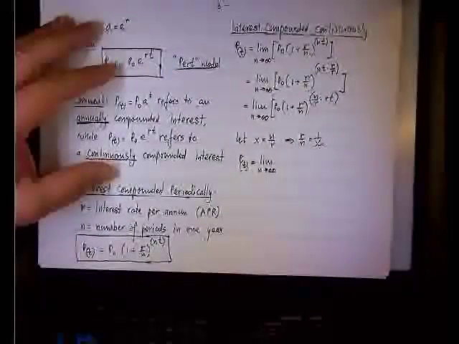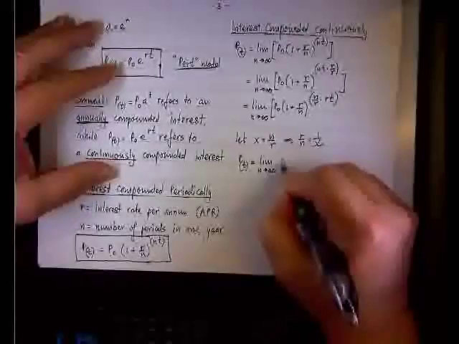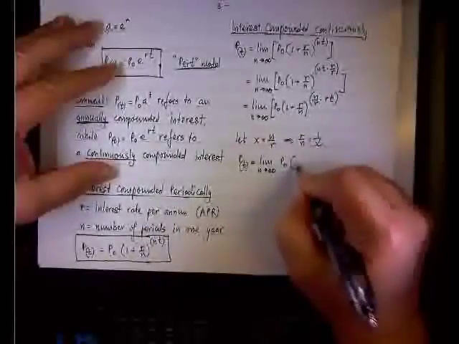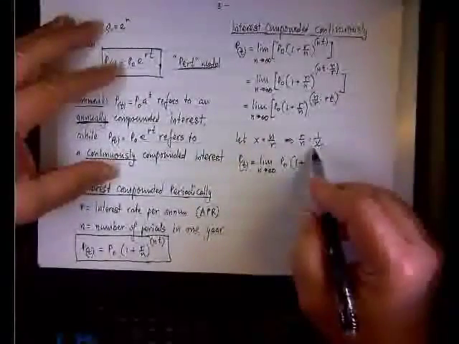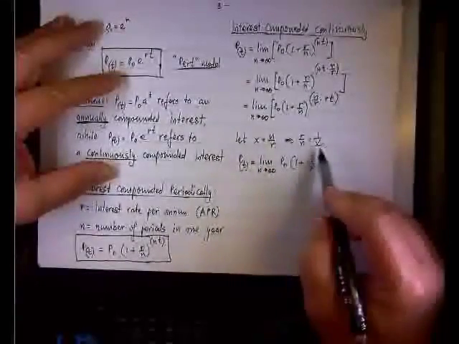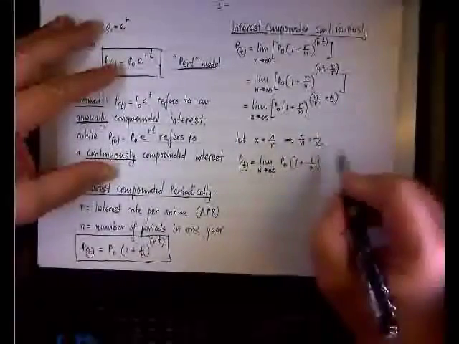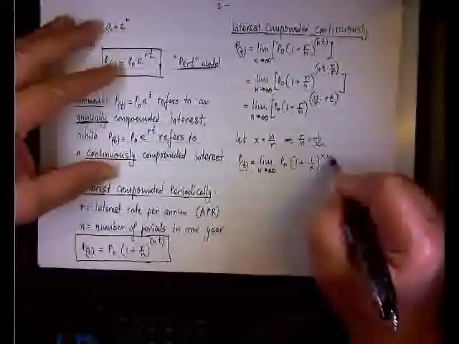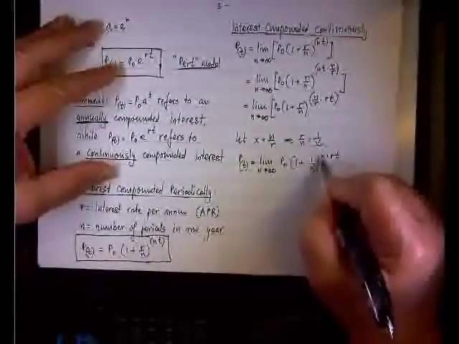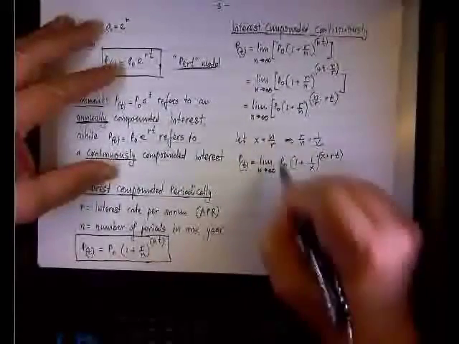We have P sub 0 times 1 plus r over n, but r over n is 1 over x. And then we have n over r, which is x, rt. So I write it as x times rt, like so, on purpose.